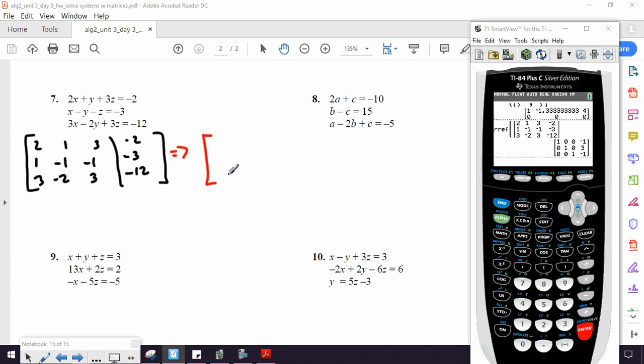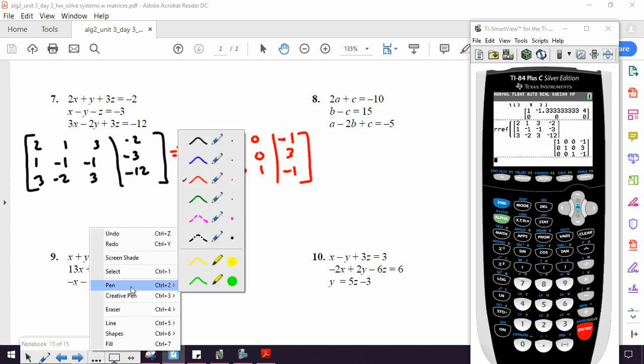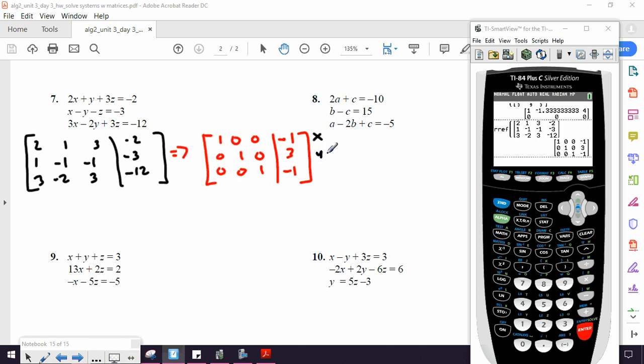So the output was 1, 0, 0, negative 1. We have 0, 1, 0, 3, 0, 0, 1, negative 1. So again, it's in alpha order, like it was when it was a 2 by 3. So this is x, this is y, this is z. We write it as an ordered triple. So the solution is negative 1, 3, negative 1.